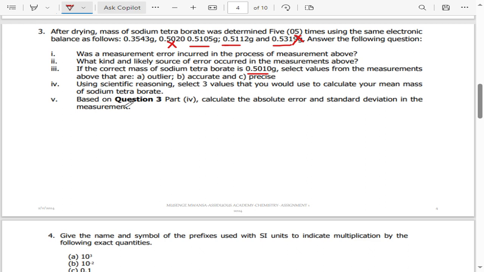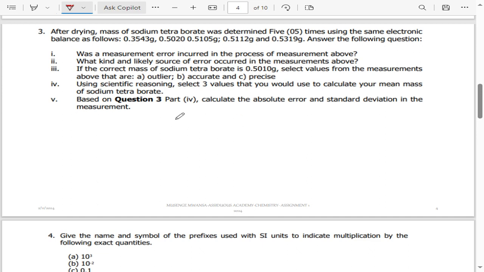The next question says, based on question 3 part 4, calculate the absolute error and the standard deviation in the measurement. The first thing we need to find is the mean.